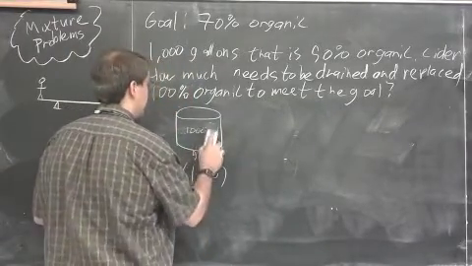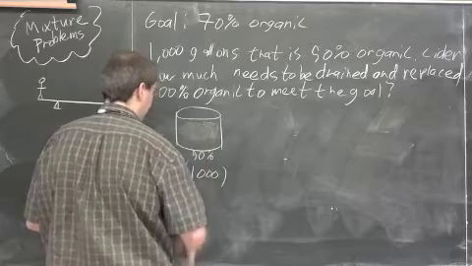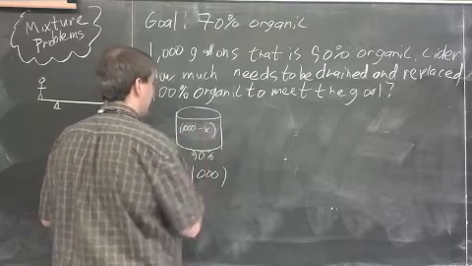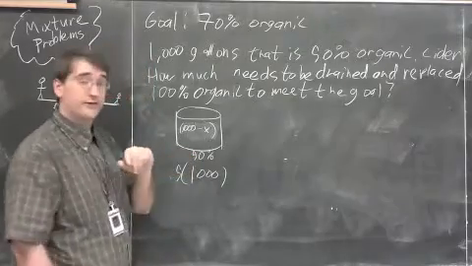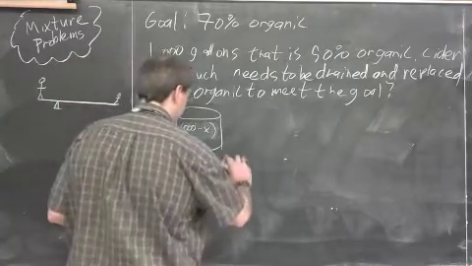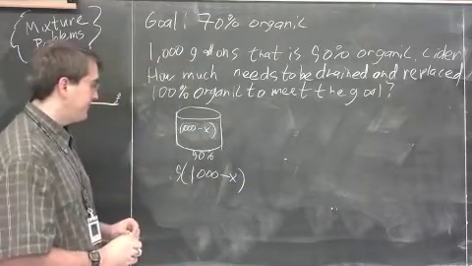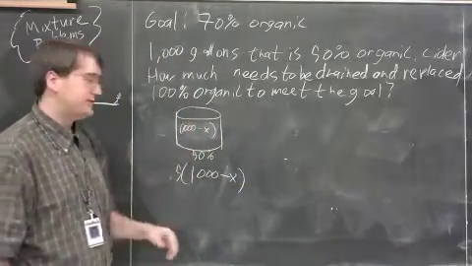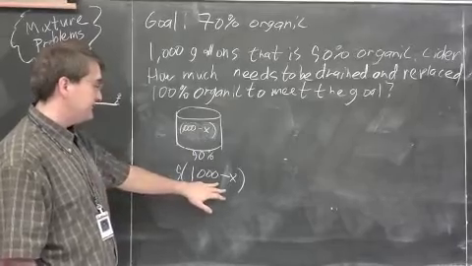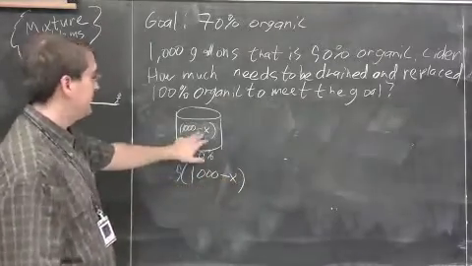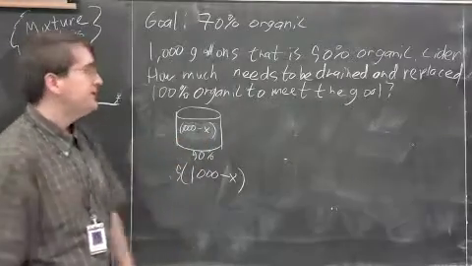So we're going to have to call it X. We're not going to keep all 1,000 gallons of the 50%. So it's going to be 50% of whatever is left after we drain stuff away. So 50% of 1,000 minus X. Whatever X is, that's how much we have to drain away. 50% of that is organic.